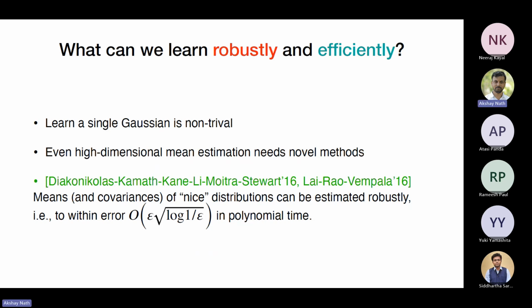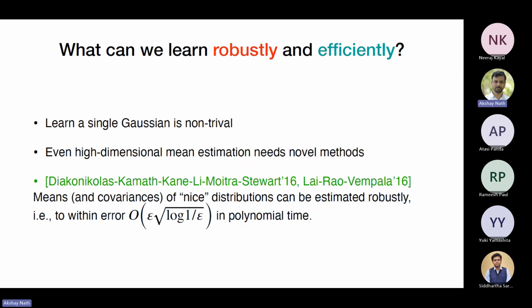Here are two results at the same time, one by Diakonikolas, Kamath, Kane, Li, Moitra, Stewart, and the other by Lai, Rao, and Vempala. They both prove that we can learn the mean, and likewise the covariance, robustly within error O(epsilon times square root of log 1 over epsilon). So it's almost epsilon, poly epsilon, and in polynomial time.